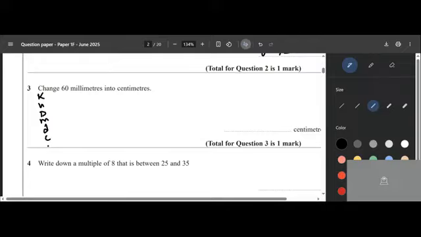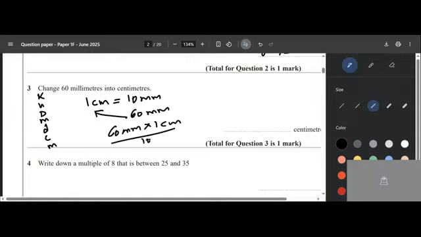You can take a screenshot of that. Some students do have formulas to convert it, where we say that 1 centimeter is equal to 10 millimeters. So we just ask ourselves, what about 60 millimeters? Then we cross multiply. That is 60 millimeters times 1 centimeter divided by 10 millimeters. So these will cancel a 0 and a 0. So it means that this is 6 centimeters.